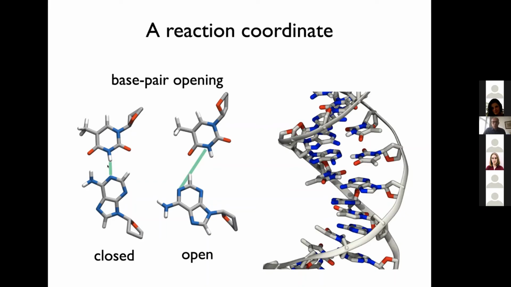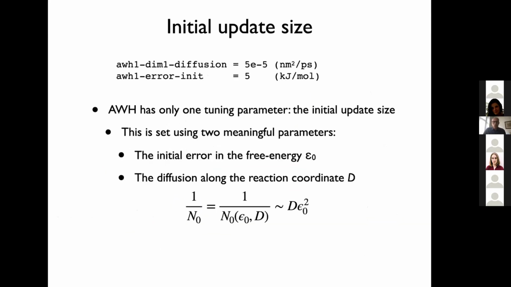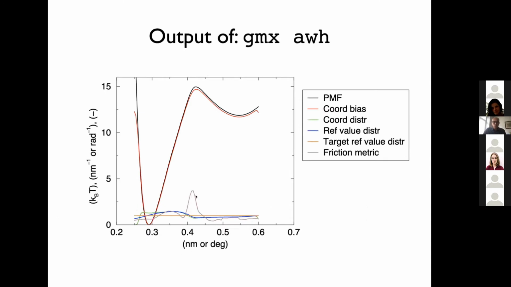But the problem is finding the right partners, and that's what this peak in the metric shows you. So this is very useful because it can give you insight into where the physically difficult processes happen in your system.